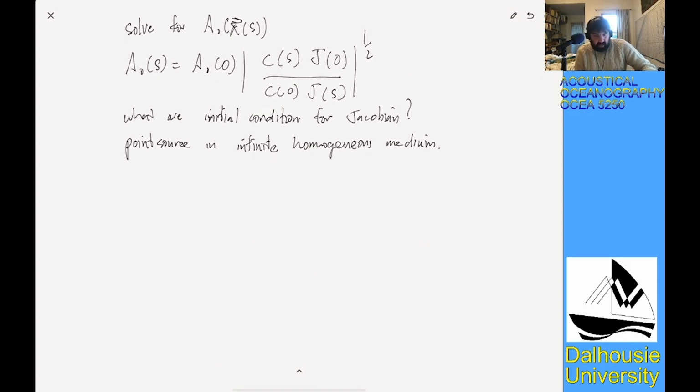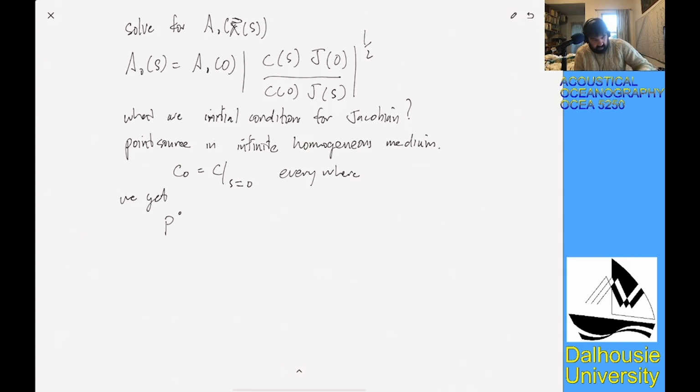Okay, so in that case, our initial condition, sound speed in the medium. So this sound speed is going to be everywhere. And in this case, this is a simple problem.